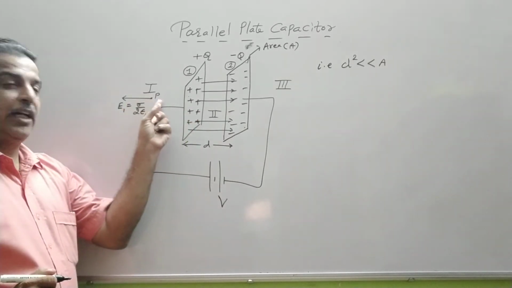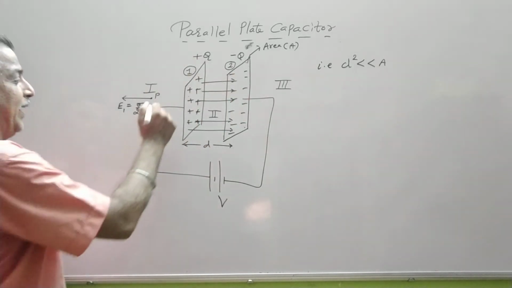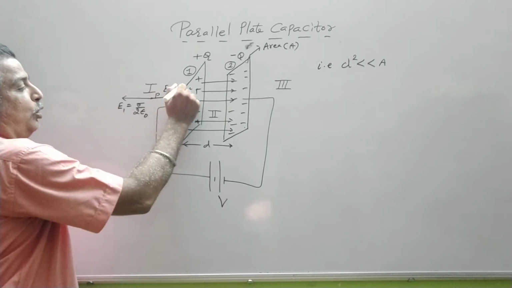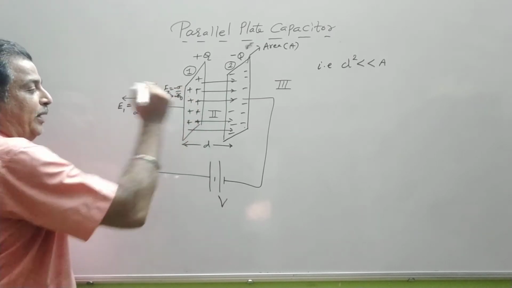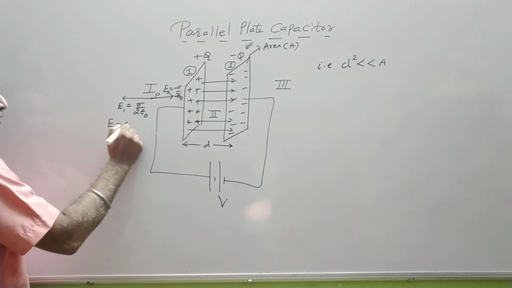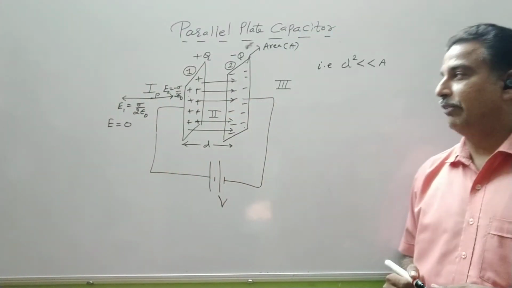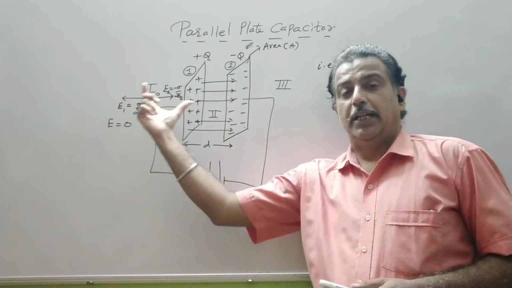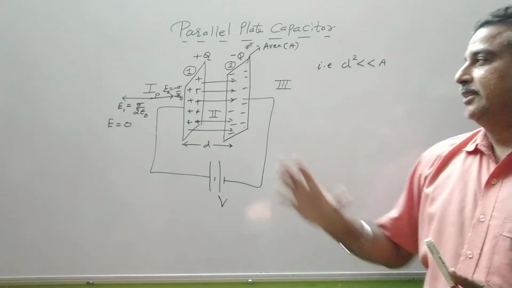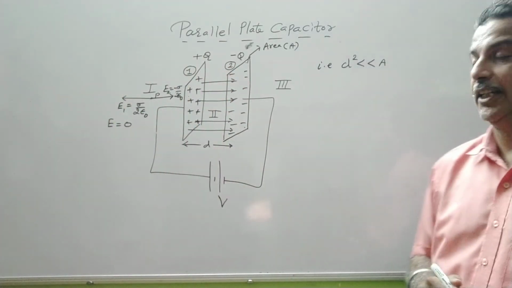Similarly, the electric field intensity at P due to the second plate is in this direction, that is E2 is equal to minus sigma upon 2 epsilon naught, and therefore the resultant electric field intensity comes out to be 0 because both fields are equal in magnitude and opposite in direction. So we conclude that in the outer region of plate 1, the electric field intensity is 0.